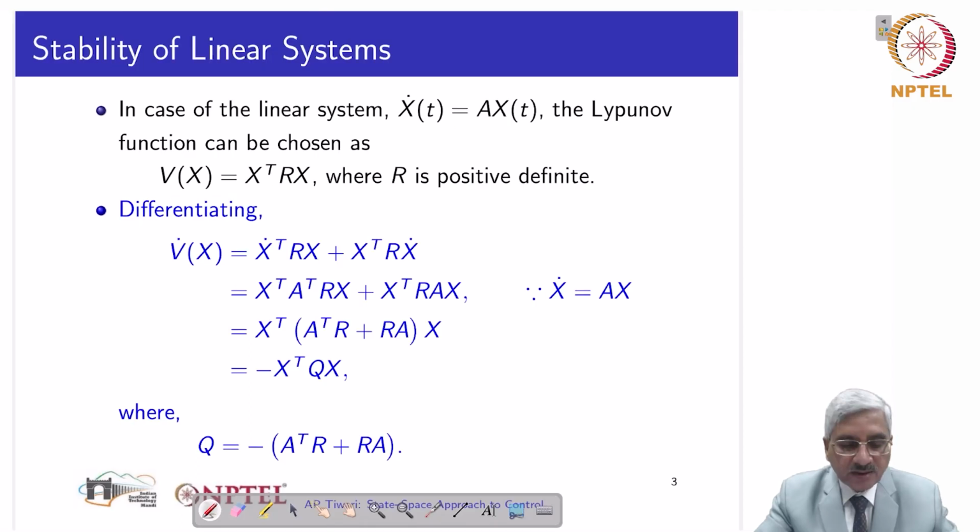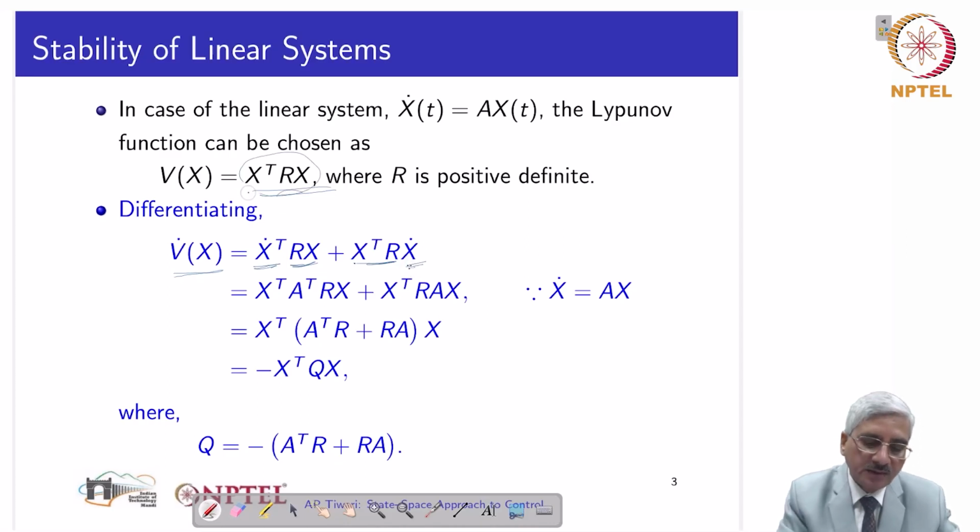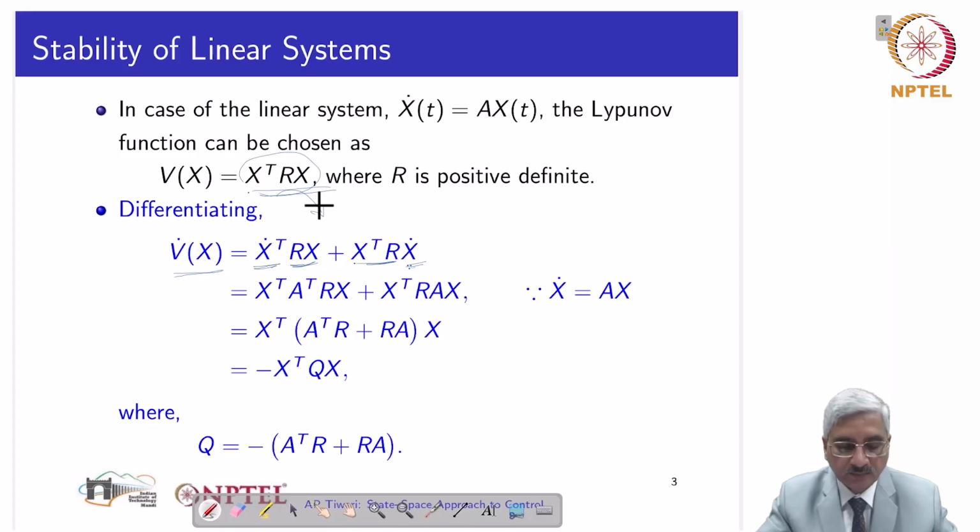If we differentiate it, then we get V dot x, and this x transpose Rx becomes x dot transpose Rx and x transpose R x dot. This is by chain rule. The differentiation of this gives this.